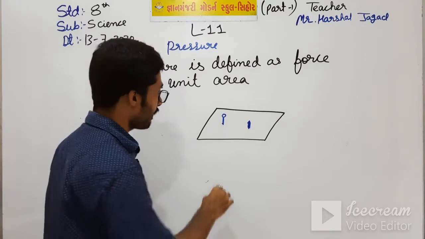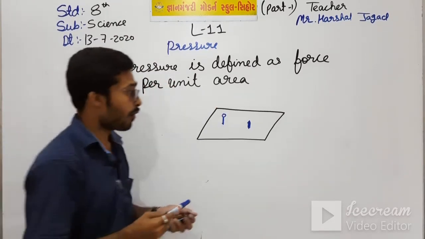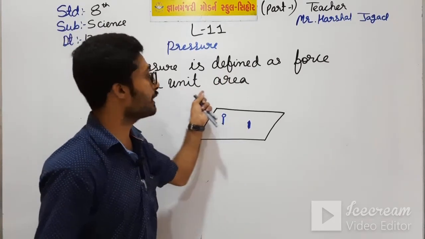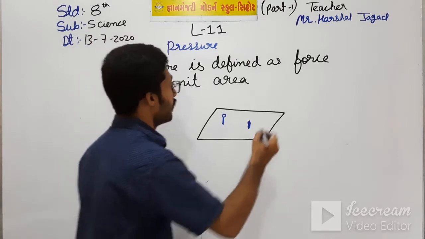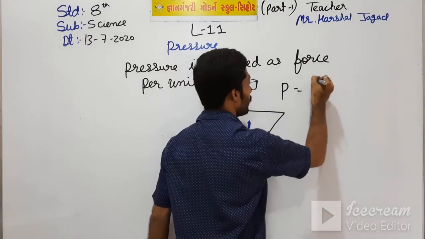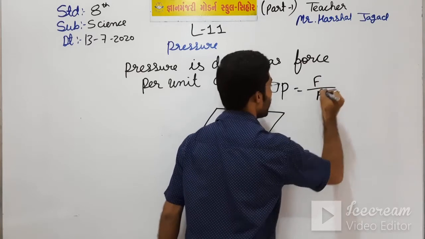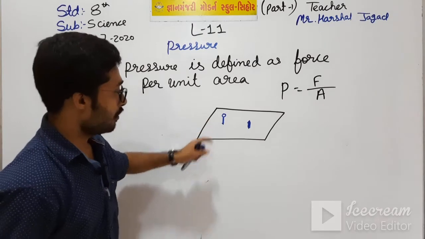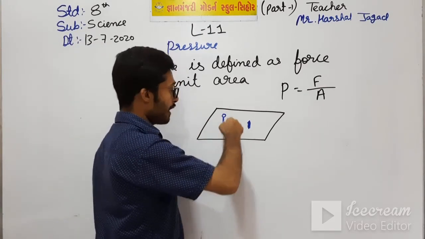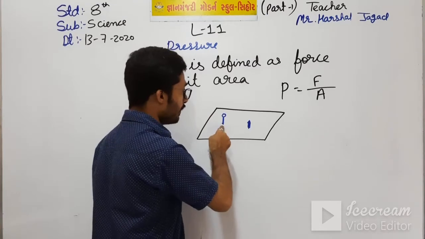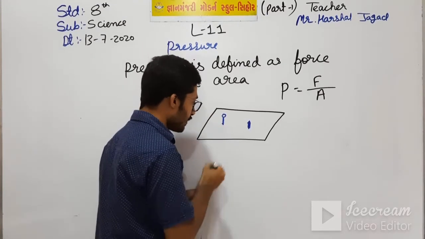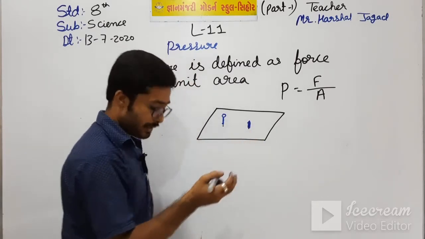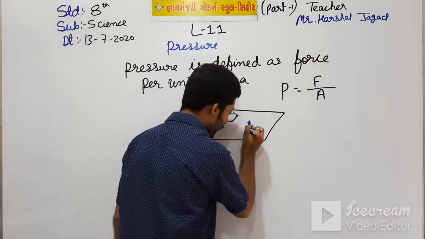Just imagine: pressure is defined as force per unit area. So pressure is equal to force upon area. When I apply the force with this pin, it has a small area, tip-like, but the opposite side pin has a big area.